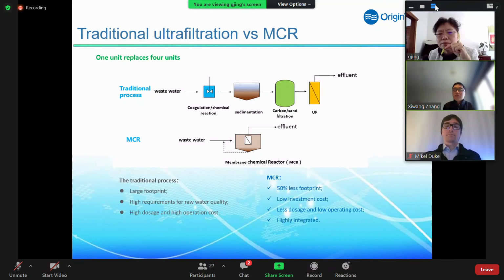We just need to make a judgment, as long as the particles won't clog or block the membrane, that dosage will be good enough, and that dosage level will be much less than the overdose. So actually we reduce the chemical dosage.